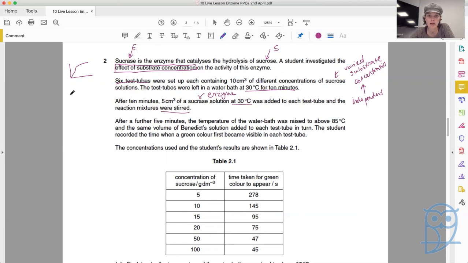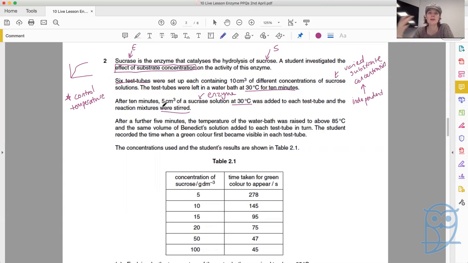So we have an important thing here. We are controlling temperature. We know that temperature affects the rate of an enzyme reaction, so we have to make sure that it's standard throughout so that we can look at the impact of substrate concentration. We don't want to get confused between the two different factors.